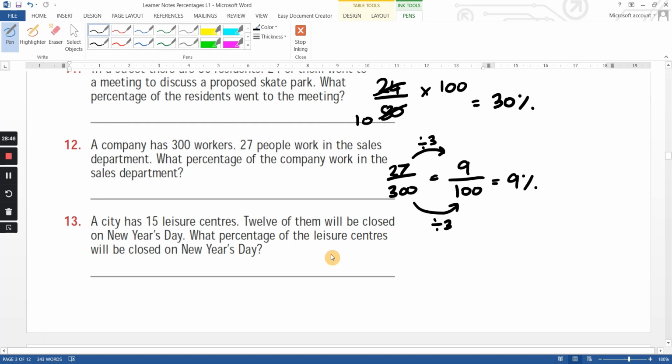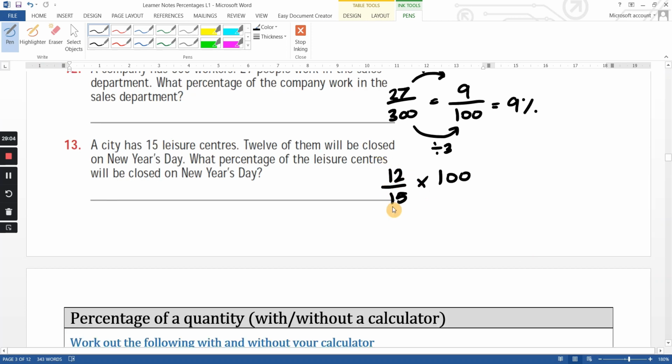Question 13. A city has 15 leisure centres, 12 of them will be closed on New Year's Day. What percentage of the leisure centres will be closed on New Year's Day? So you've got 12 out of 15. As a percentage, let's do it this way. I'm going to simplify this fraction. 3 goes into that 4 times, 3 goes into that 5 times.